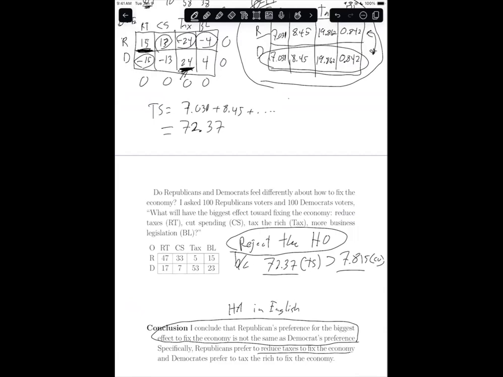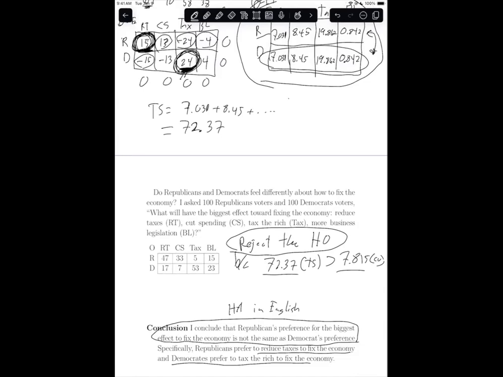So that's coming from this guy right here. And Democrats prefer to tax the rich to fix the economy. And that's coming from right here. So we're using those two largest O minus E values to give more detail for our conclusion.